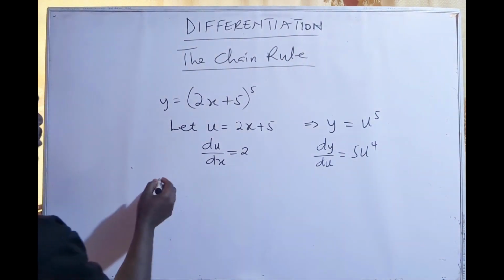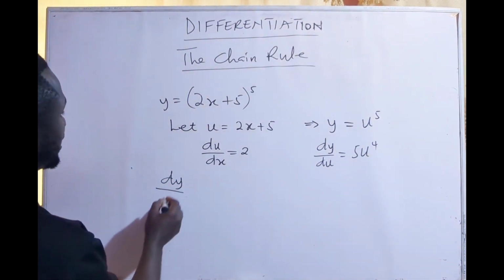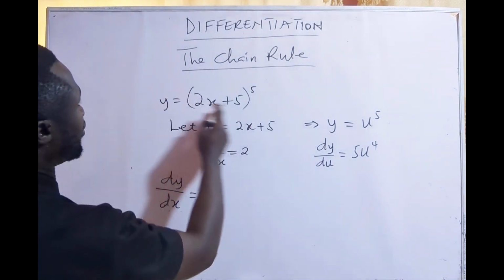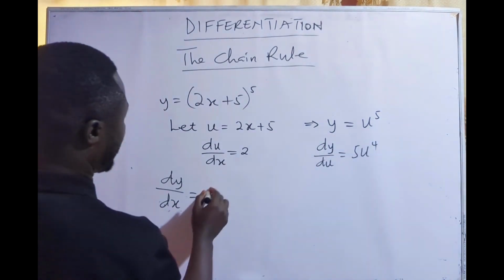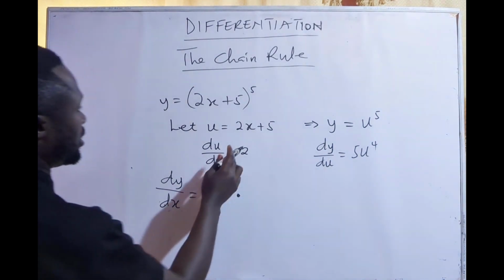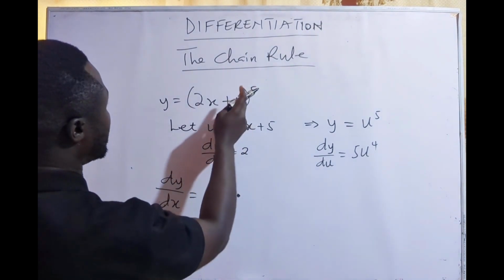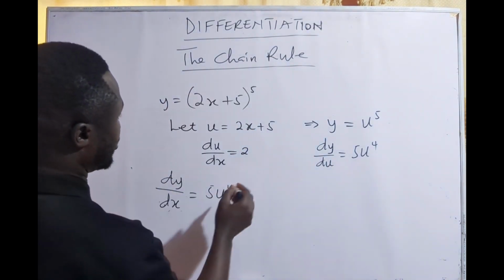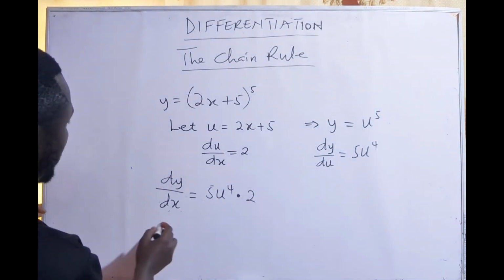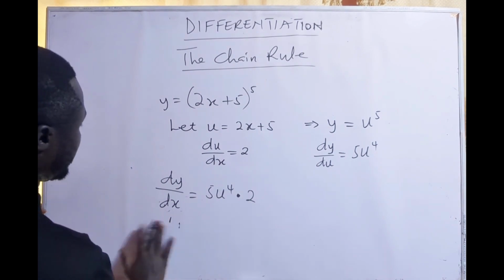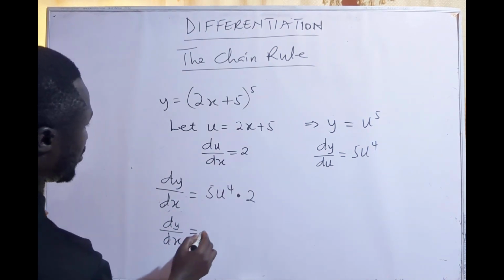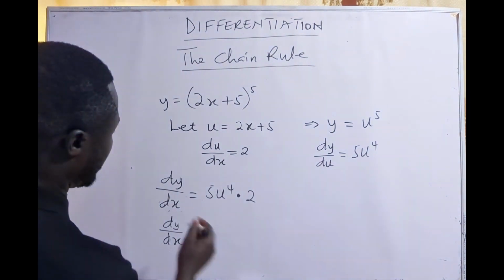If I want to write my answer, dy over dx is equal to the differentiation of this, which is 5u exponent 4, multiplied by the differentiation of what is in the bracket, which is 2. But what is my u?